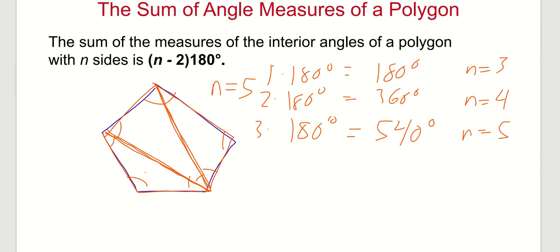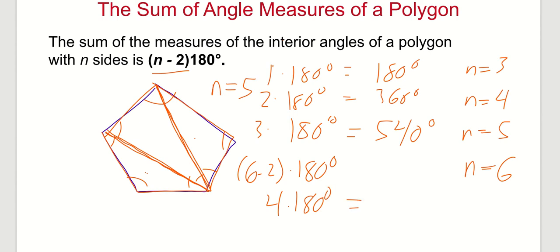If I wanted to find the sum of the angles in, let's say, a hexagon, or a six-sided figure, notice that when you do this subdividing trick, the number of triangles you get is always 2 less than the number of sides. So for a hexagon, the measure of the interior angles should be 6 minus 2 times 180 degrees, which is going to be 4 times 180, which should be 720.